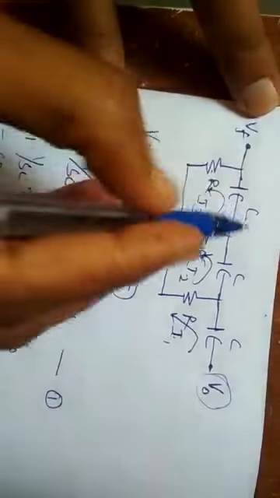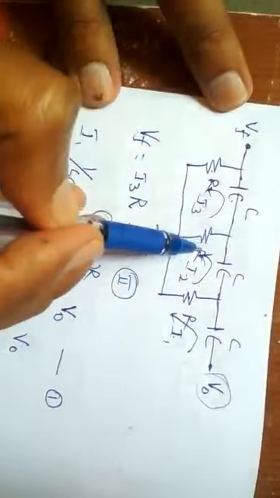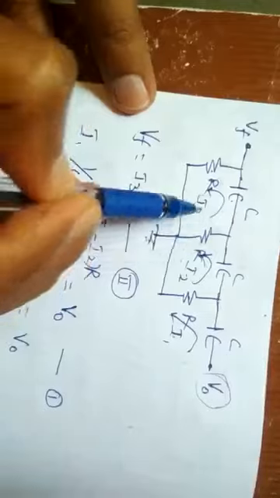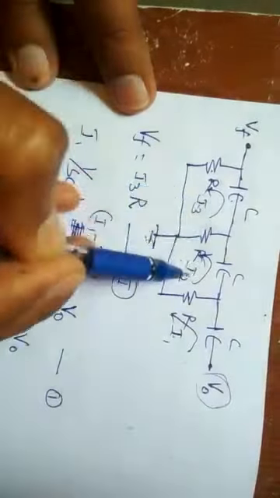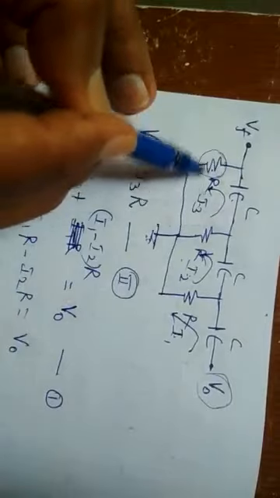The R is the final resistor, acting as a load to deliver this V out. So I repeat, I3 in this C is I3 into 1 by SC, and this R is common for I3 and I2, so I3 minus I2 into R, plus in this R I3 alone is flowing, so I3 into R.